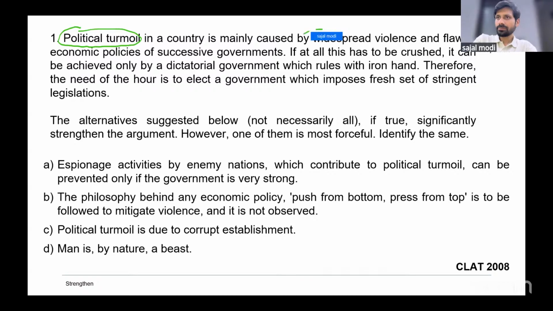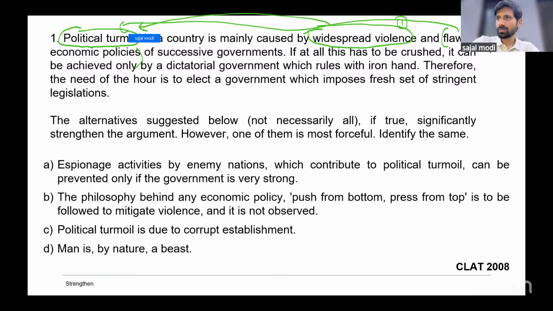Widespread violence, number one, right? And number two, flawed economic policies, right? So this is number two. Two things are causing political turmoil. One, widespread violence, and two, flawed economic policies, right?